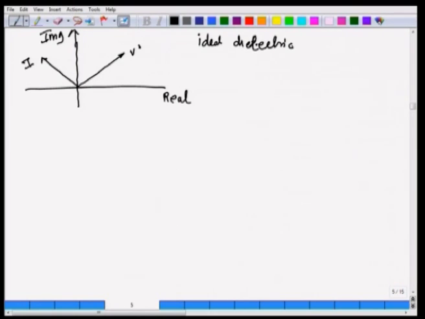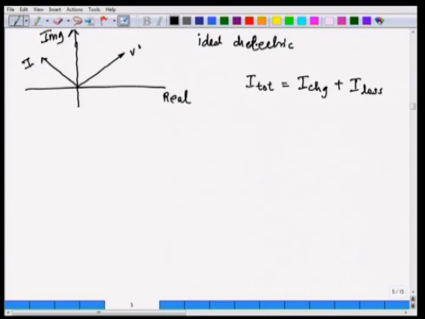But remember, we started saying, what if it is leaky also? If it is leaky, then we will write this I total as this ideal I charging current plus some I loss.